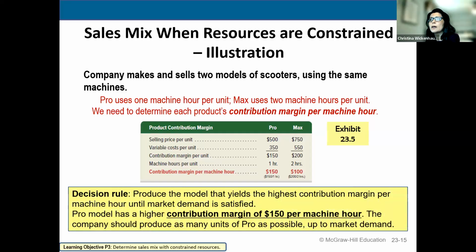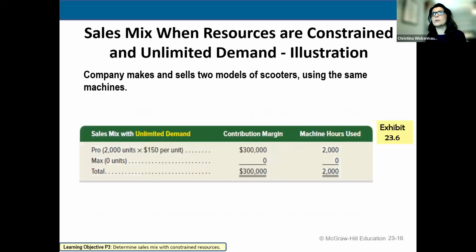And so we need to sell as many of those as we can, but it's not like we should eliminate the Max because we need to consider market demand. Now, if the market is demanding more than you can produce, then absolutely you should focus in on the Pro and forget the Max. So you want to go and produce as much as the market will demand.